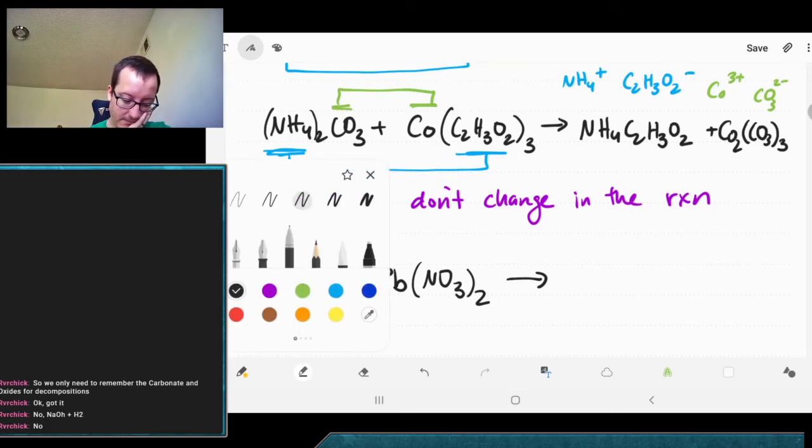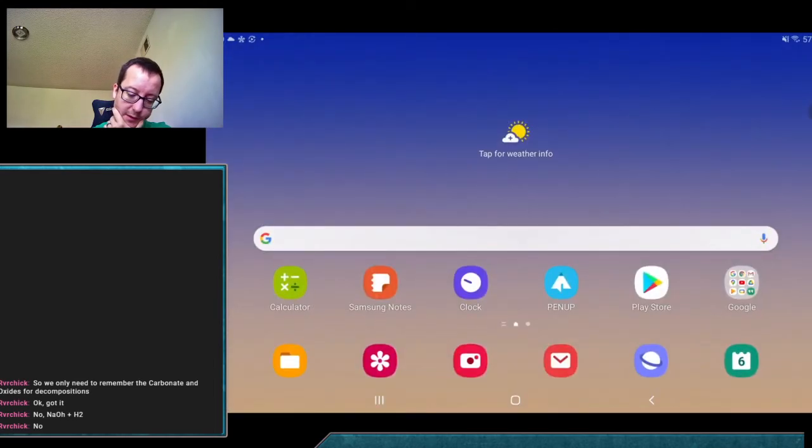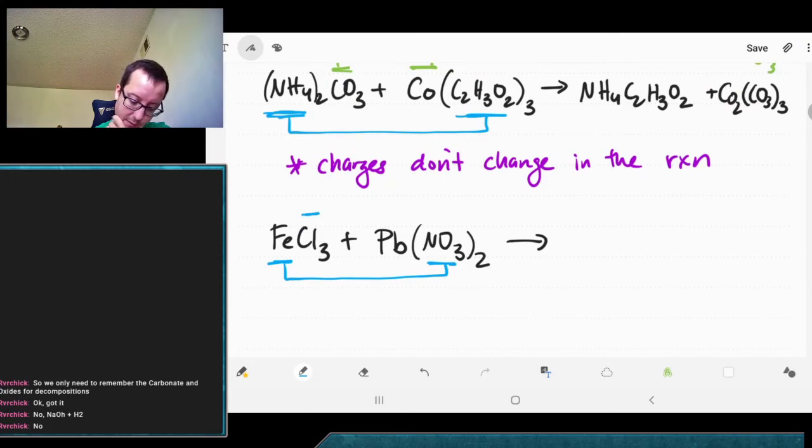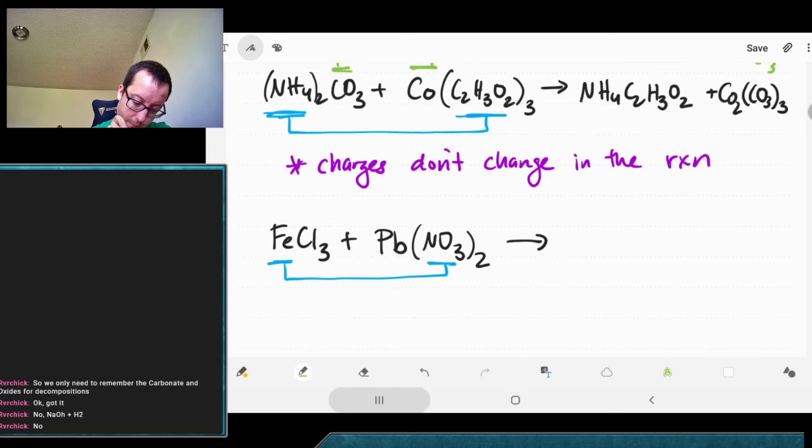So, as always, double displacement, we know that because we have 2 ionic compounds here. So we're going to make one between the iron and the nitrate. I guess I have to use green for this, so let me switch to green. Oh my gosh, go away. Alright, so we know we're going to make those there.